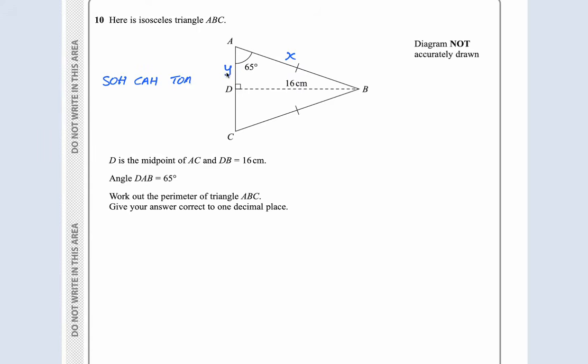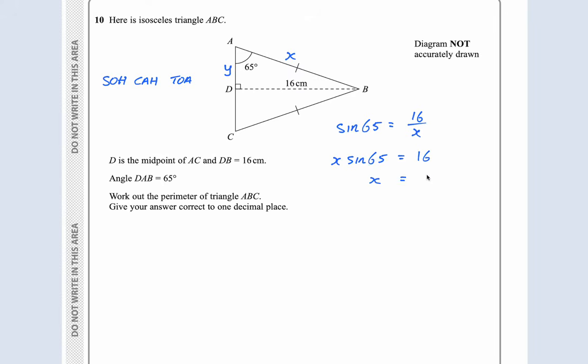For this one, to get x, I have the opposite and I have the hypotenuse. So I'm going to use sine. I'm going to say sine 65 equals opposite 16 over hypotenuse x. Then cross multiply. X sine 65 equals 16.